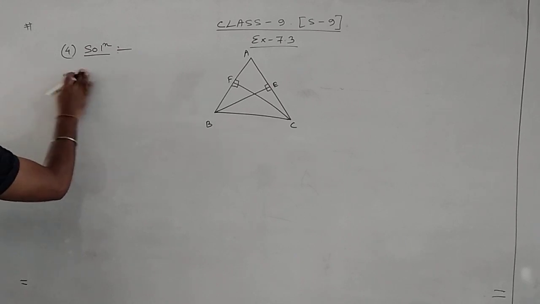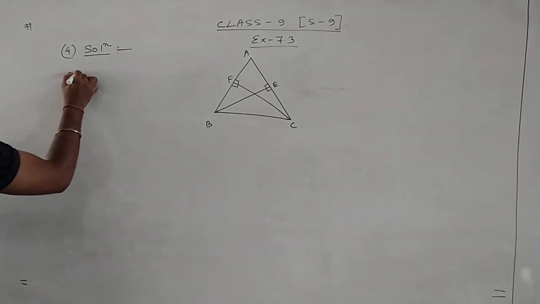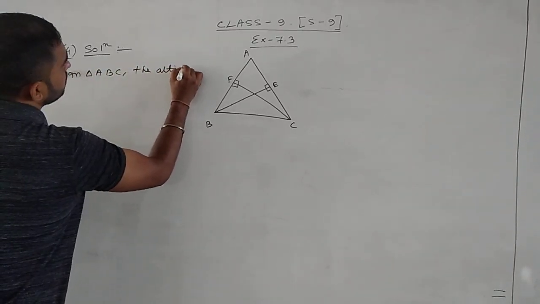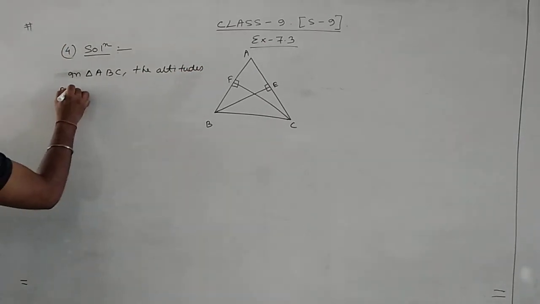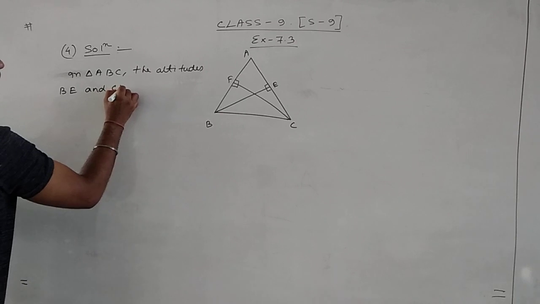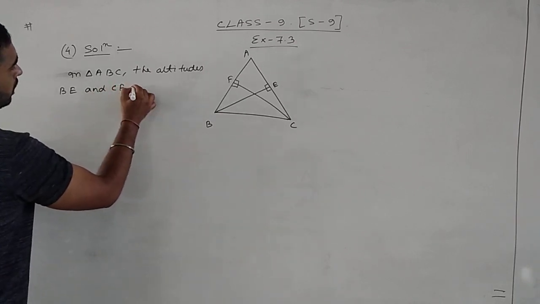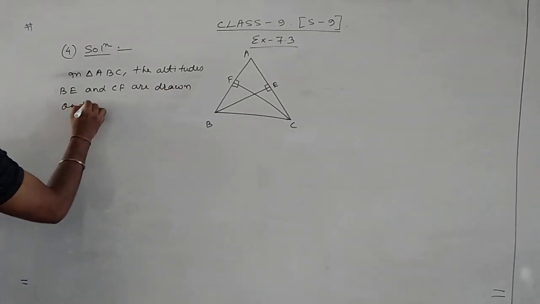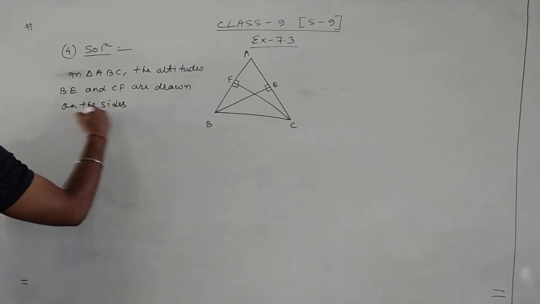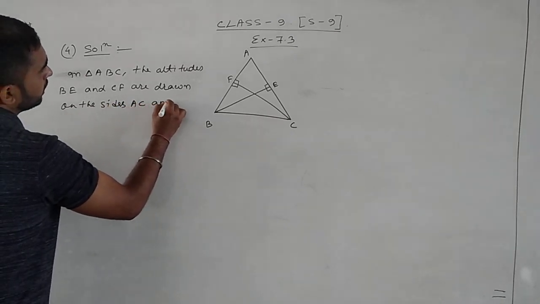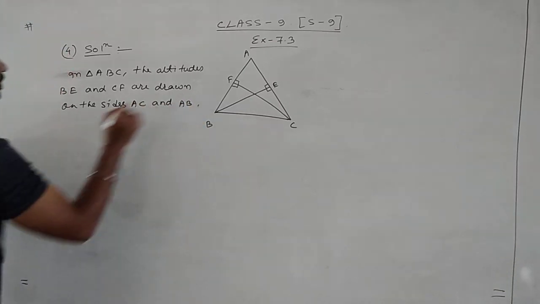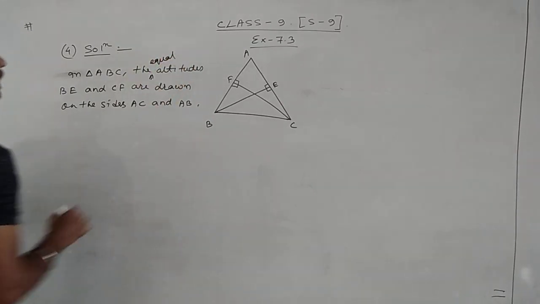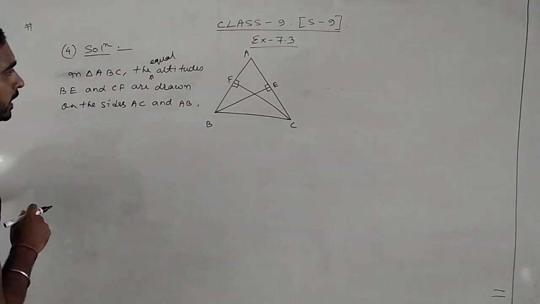First method. Okay, first what is given? In triangle ABC, the equal altitudes BE and CF are drawn on the sides AC and AB.